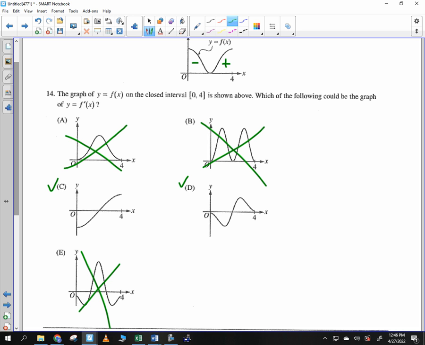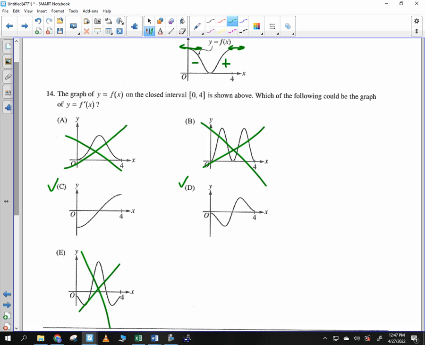So let's think about it. Somebody describe for me the slope right there. Very close to zero, but still negative, right? So I want to see something that is just barely below the x-axis. This is a ways below the x-axis. This is close to the x-axis. Somebody describe for me the slope right here. Very close to zero, but positive, whereas this is way above.